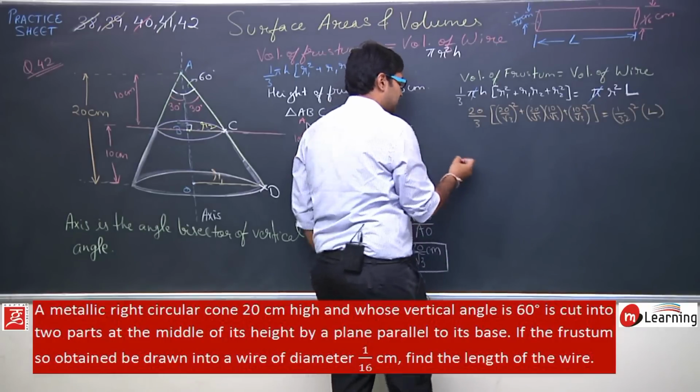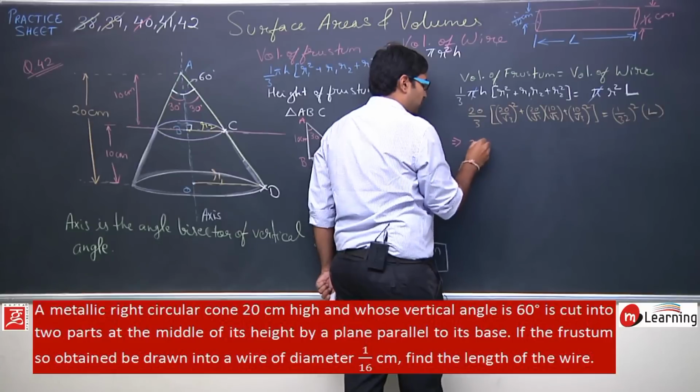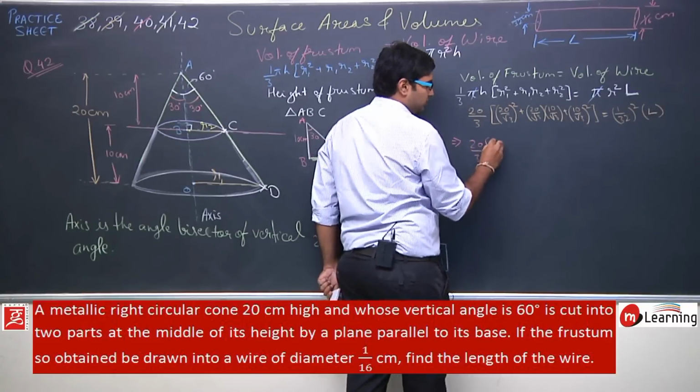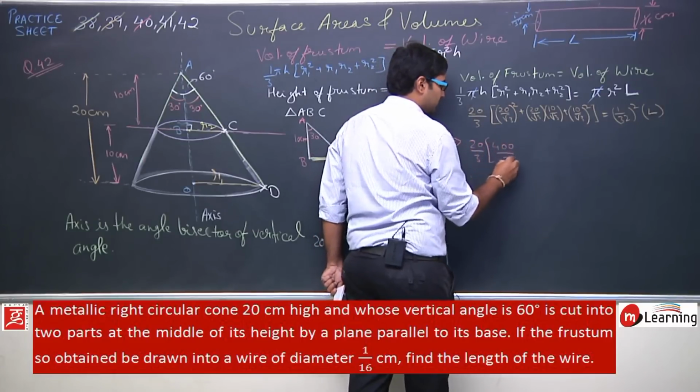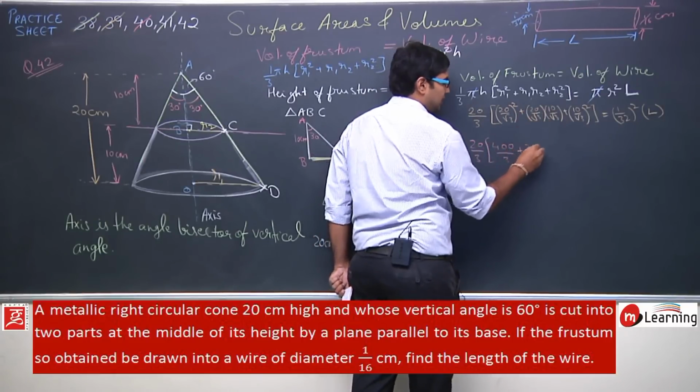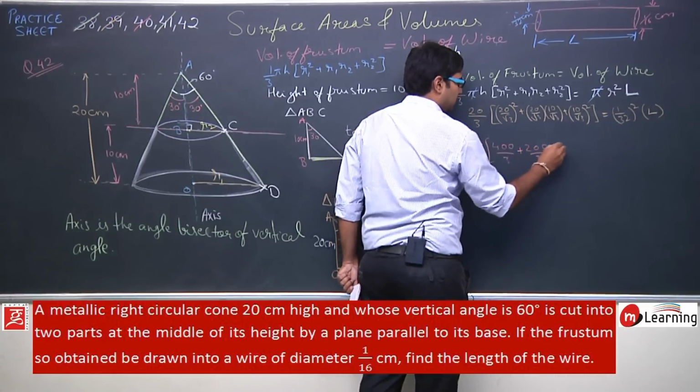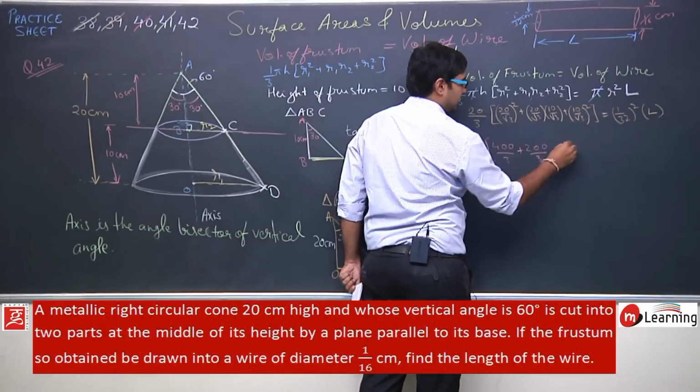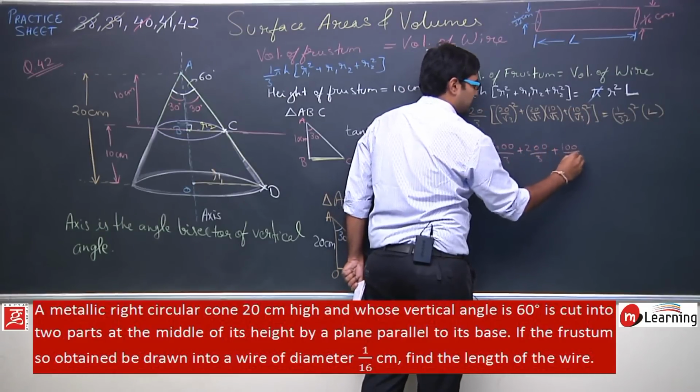Further solving this, this will give you 20 upon 3 into the bracket: 400 by 3 plus 20 into 10 is 200 by 3 plus 10 square, 100 by root 3 square, which is 3.